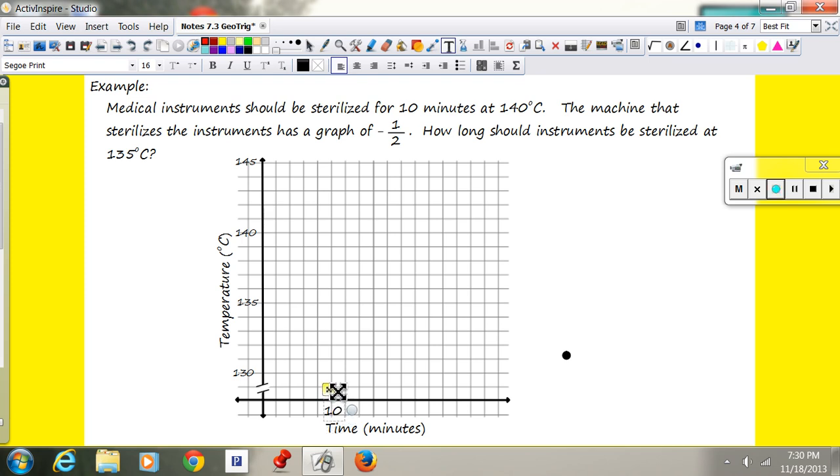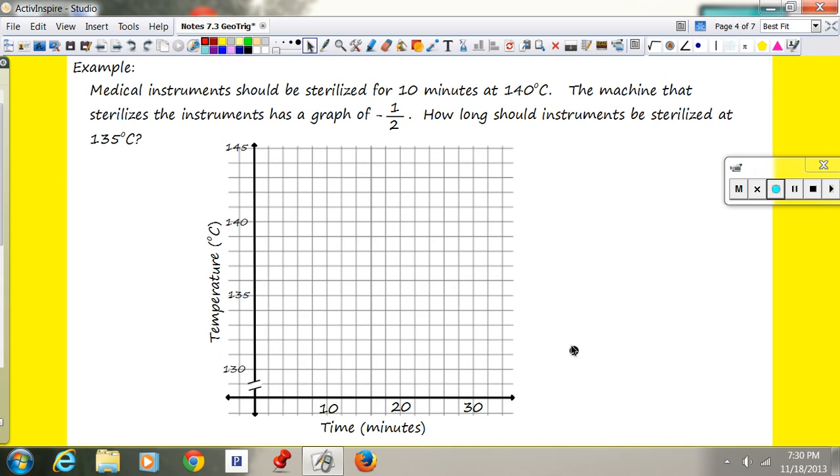So this will be 10 minutes right there. 12, 14, 16, 18, 20 will be there. 22, 24, 26, 28, 30 will be right here. All right, so let's check it out. 10 minutes, 140 degrees. So 10 minutes, 140, right there.